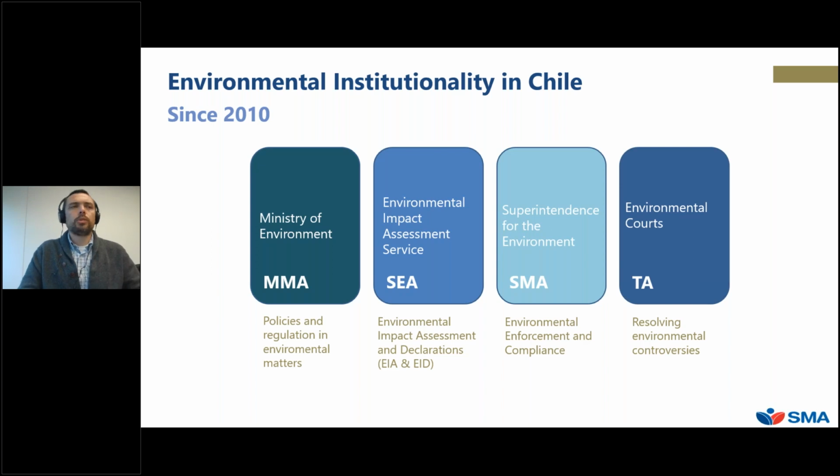Since 2010, we have 4 environmental institutions in Chile: the Ministry of Environment, which is in charge of the policies and regulation; the Environmental Impact Assessment Service for approval of the permits; the Superintendence for the Environment, which is us, in charge of the enforcement and compliance; and finally, the Environmental Courts for resolving controversies about our decisions and resolutions.